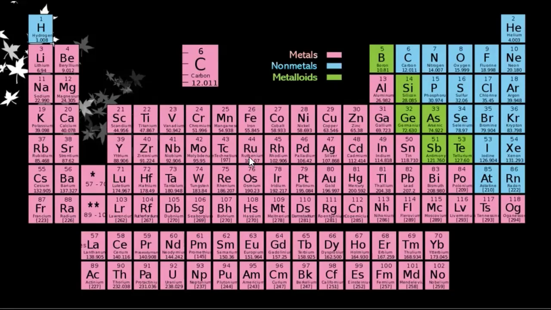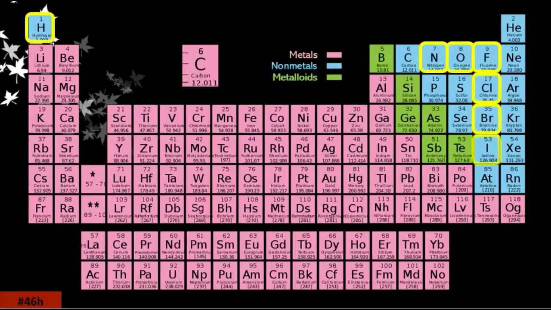What are these? Hydrogen, nitrogen, oxygen, fluorine, chlorine, bromine, and iodine. Again, all the elements on the periodic table are called atoms except for those called diatomic molecules or diatomic elements. So what is a molecule?